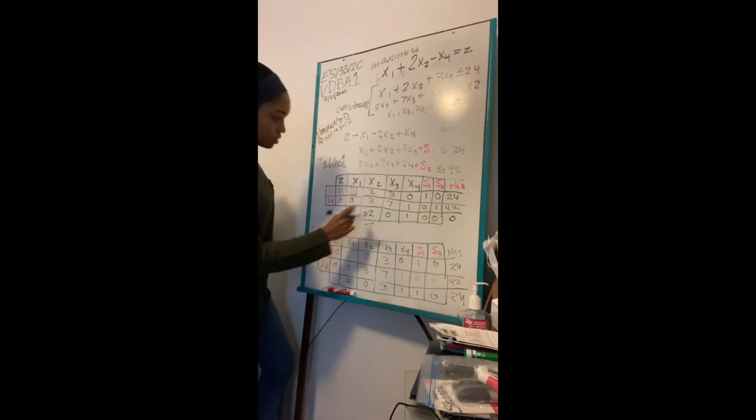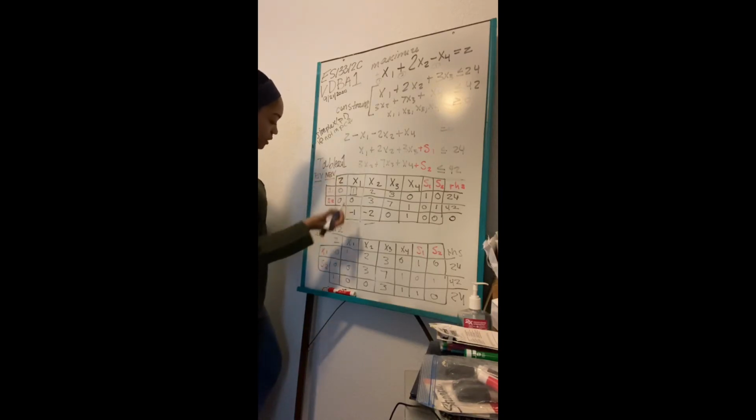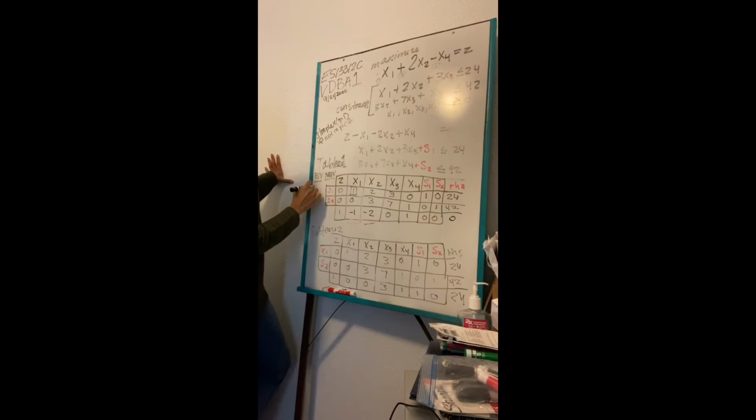Make sure when you're doing these that you write out your basic variables and your non-basic variables. For here, the basics would be S1, S2, and Z are equal to these things, and the rest of the non-basic variables are equal to 0.